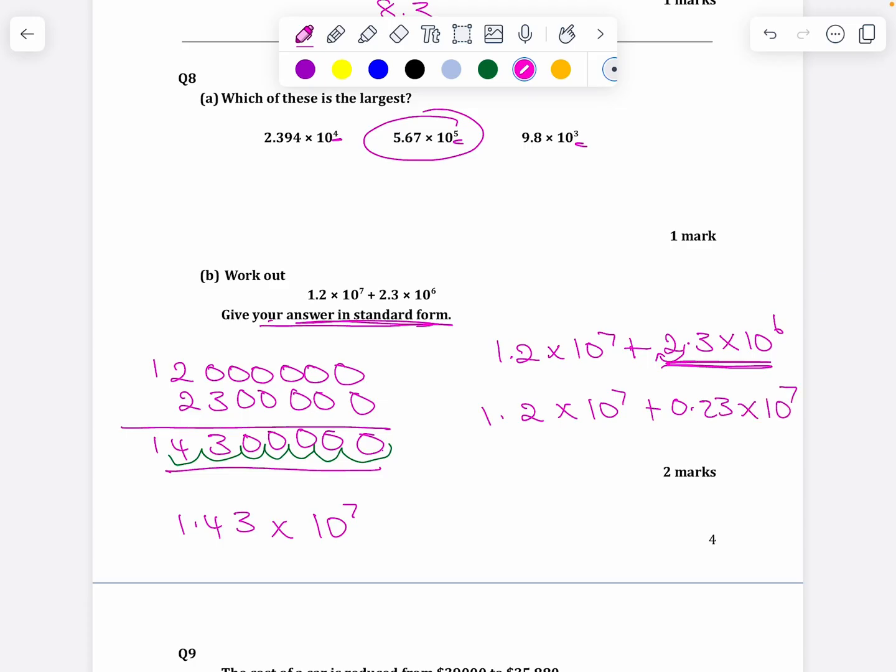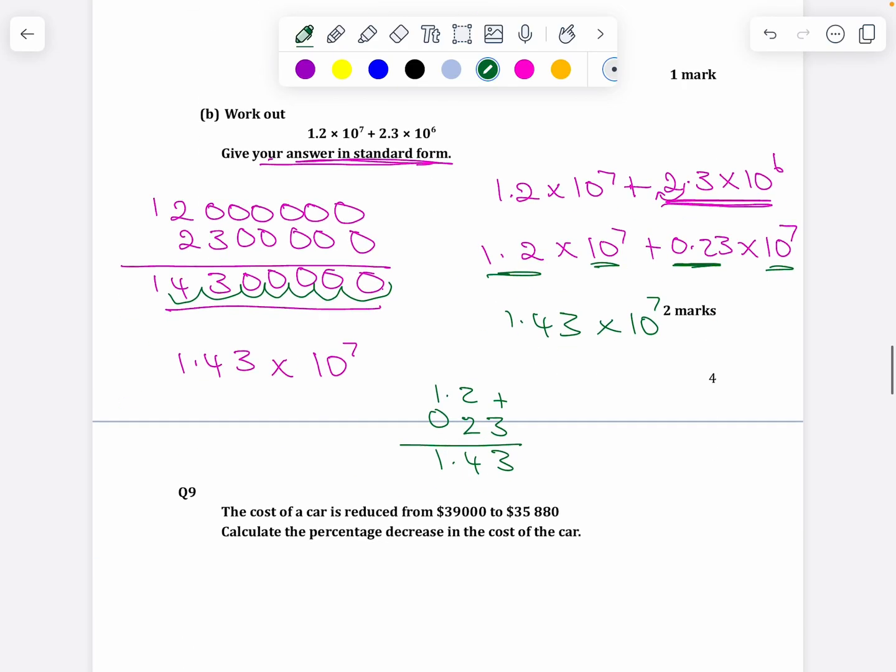And then I just add these two together. So I do 1.2 plus 0.23, which is 1.43. And so it's 1.43, and then this remains the same times 10 to the power 7. So there are two ways we could have done it.